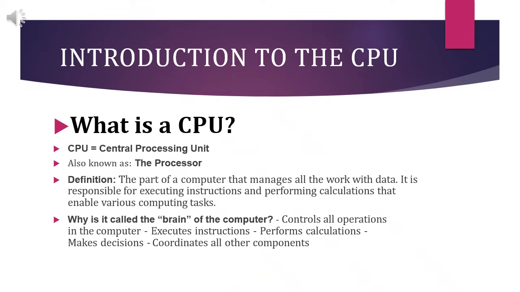It executes instructions, meaning it follows your commands. 3. It performs calculations, meaning it handles the maths behind every photo you edit or game you play. And 4. It makes decisions and coordinates components, meaning it makes sure the screen, the keyboard, and hard drive all talk to each other correctly.